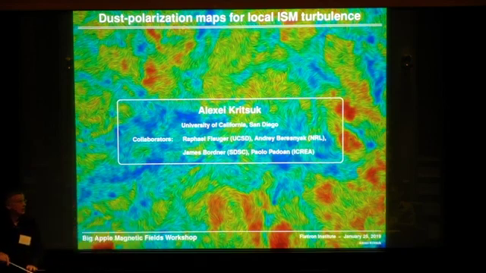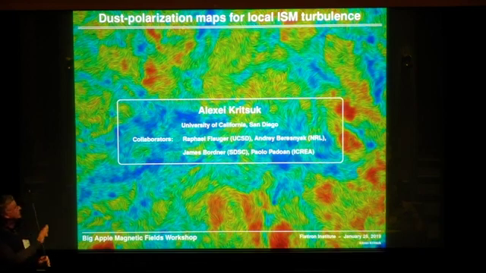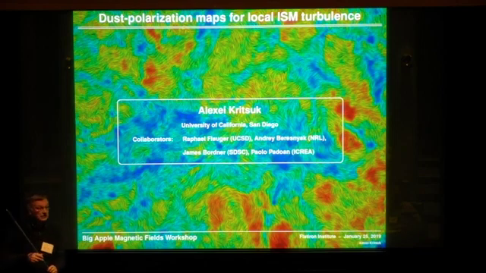Okay, so I will reuse the very nice introduction made by Axel to the problem of general Planck results and how they can connect to the turbulence simulations that we do.